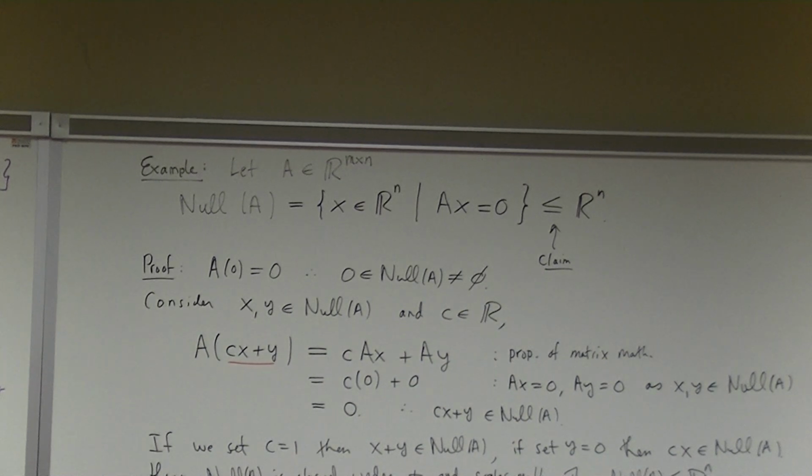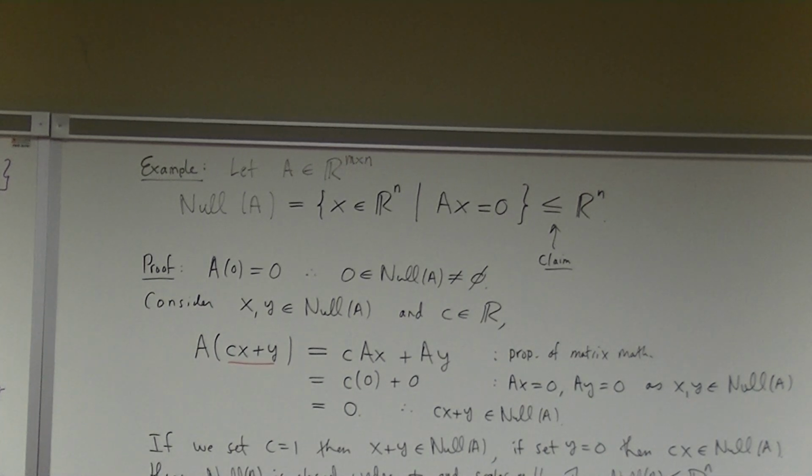Yes, sir. Just one specific example: if A was just a zero matrix, then the null space would be all of R^n. That is true. Can anybody think of the exact opposite example? If the null space contains only 0, what matrix would be like that? An invertible matrix.